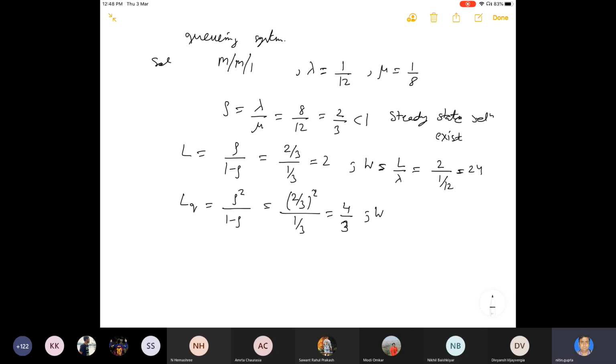And WQ you can determine either by rho WS upon 1 minus rho, or by LQ upon lambda. So this is 4 by 3 into 12, 16 minutes.